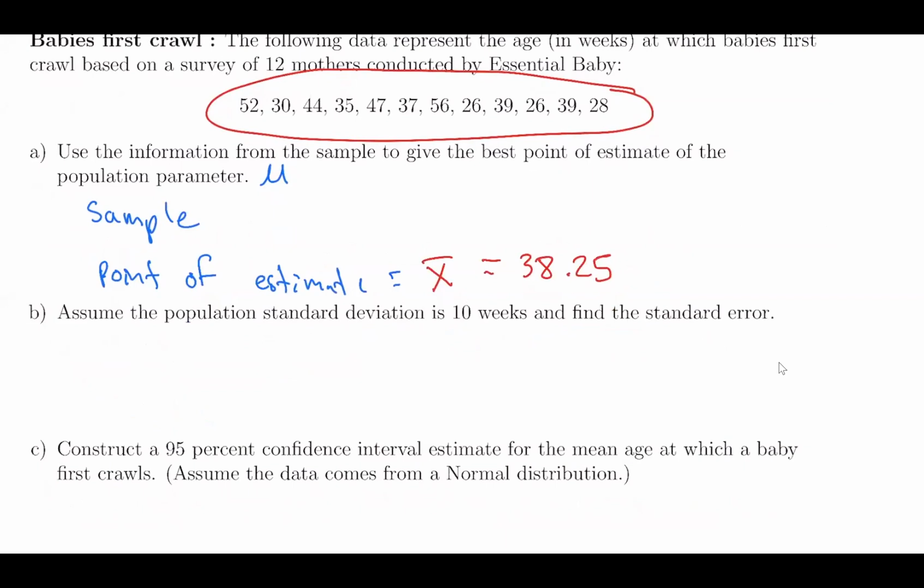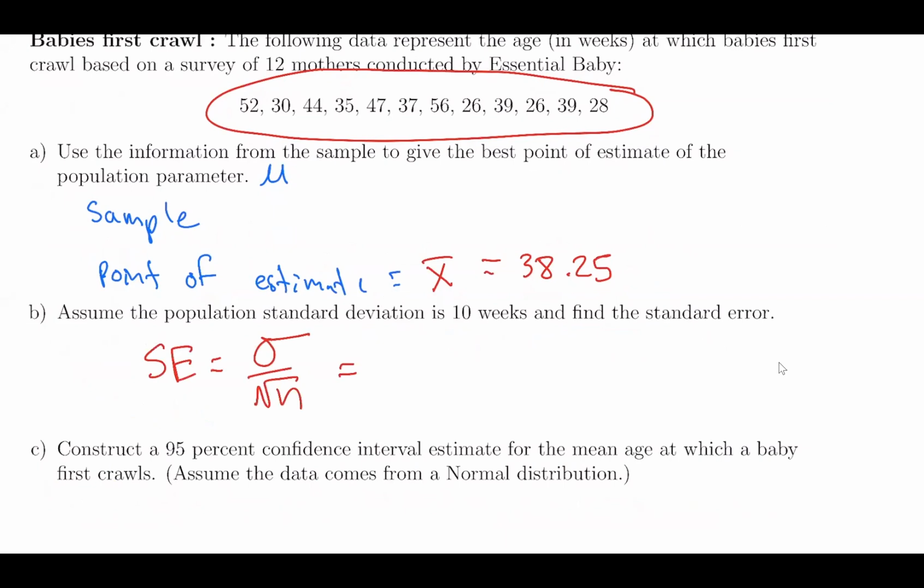For part B, it says assume the population standard deviation is 10 weeks and find the standard deviation. Oh, sorry, find the standard error. Standard error, if you remember, is equal to sigma divided by square root of n.